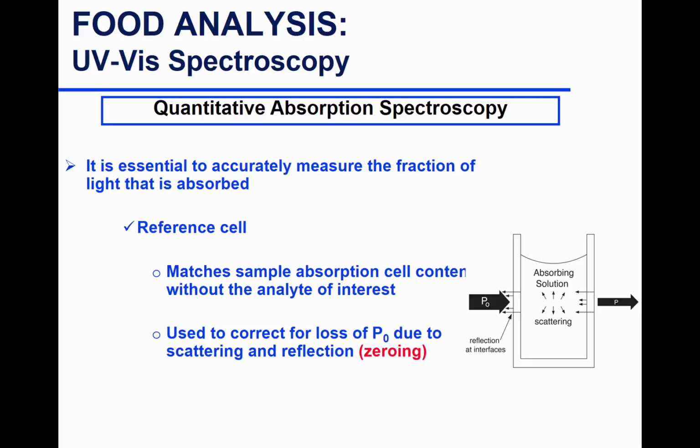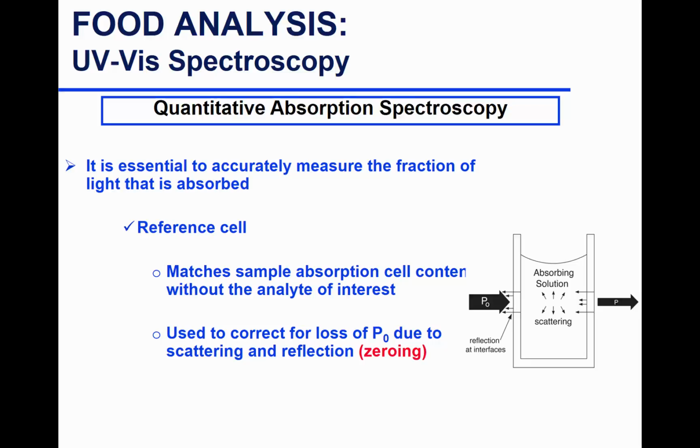So that would be your blank. If you do not have a reference cell, oftentimes you insert a blank and you hit zero. You're zeroing the absorption. So you're taking into account any interferences from components in your assay that might result in deviation of the absorption of your sample or your analyte.